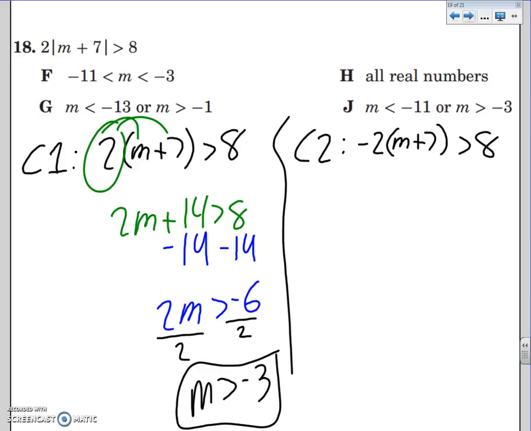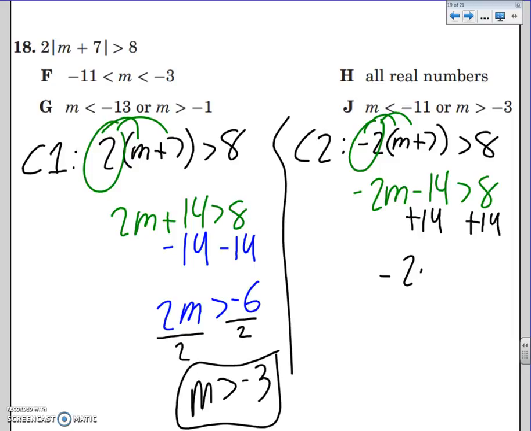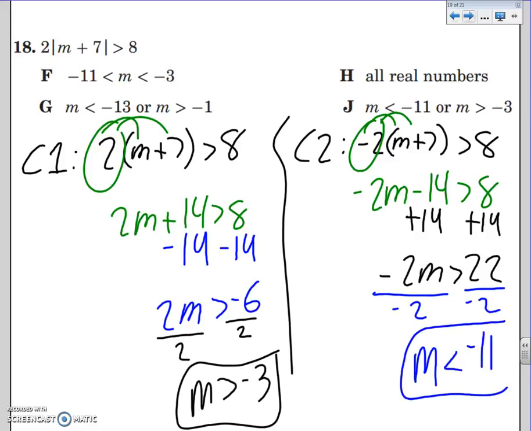First one, other side. Add 14. And divide. I am dividing by a negative, so I need to flip the sign. There are my two answers.